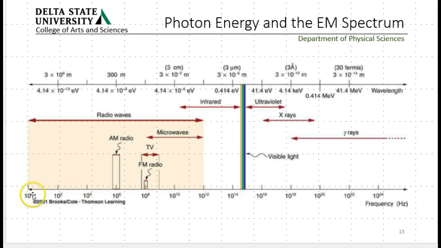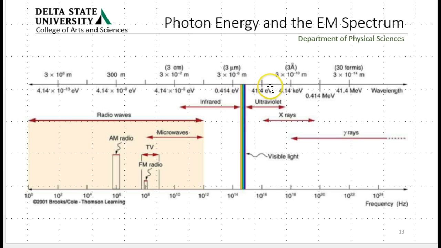Here are the frequencies. We've got visible light right here around 10 to the 15th, and here are your microwaves, 4 times 10 to the minus fifth eV. Looking at this, our visible spectrum is around 1 electron volt to 4 electron volts.